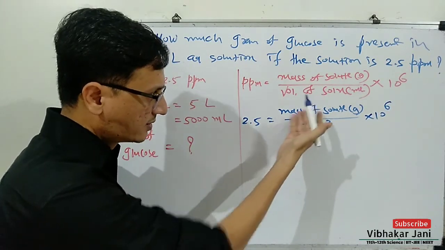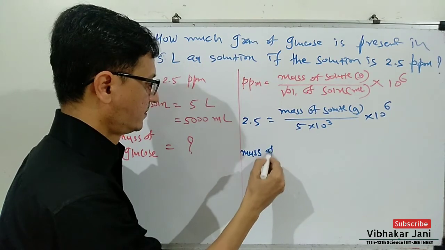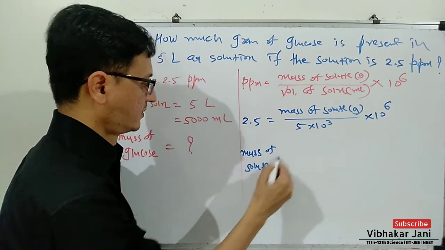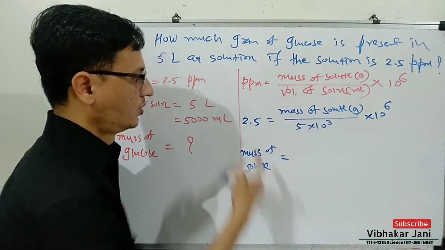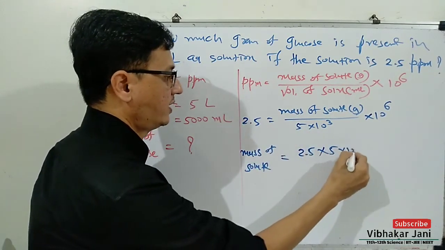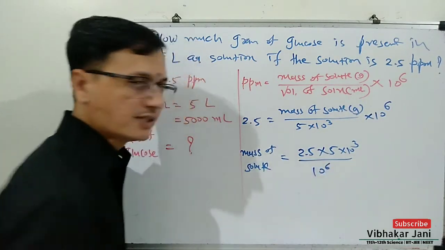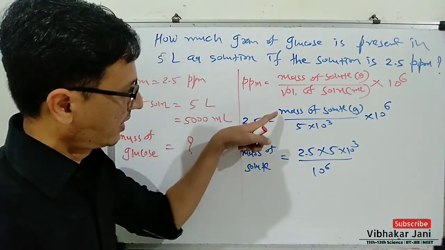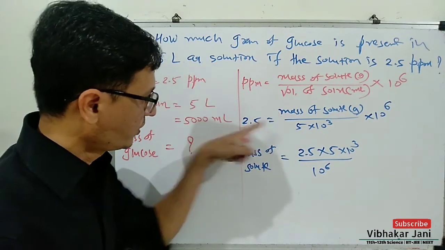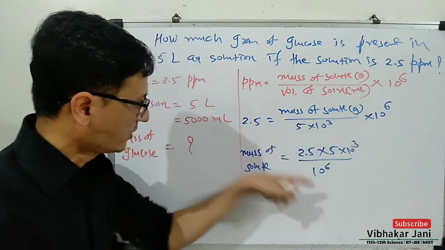Now make the subject as mass of solute, is equal to 2.5 multiplied by 5 into 10 to the power 3 divided by 10 to the power 6. આને સબ્જેક્ટ બનાવીએ તો 2.5 ના મલ્ટીપ્લિકેશન માં આવી જશે આ, અને ડિવિઝન માં આવી જશે 10 to the power 6.